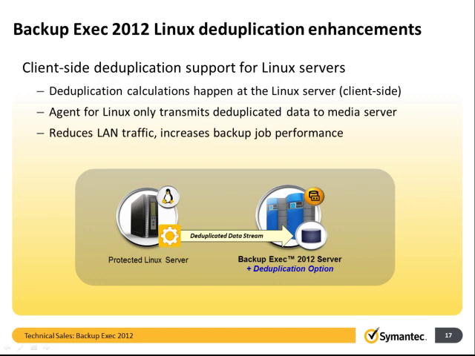That means that before the data leaves the Linux server, it is deduplicated, and only the unique blocks will actually go over the wire to the Backup Exec server. So this means we really have more flexibility with Linux servers, and if we use client-side deduplication, we will see the benefit of less data traffic and faster backup times.